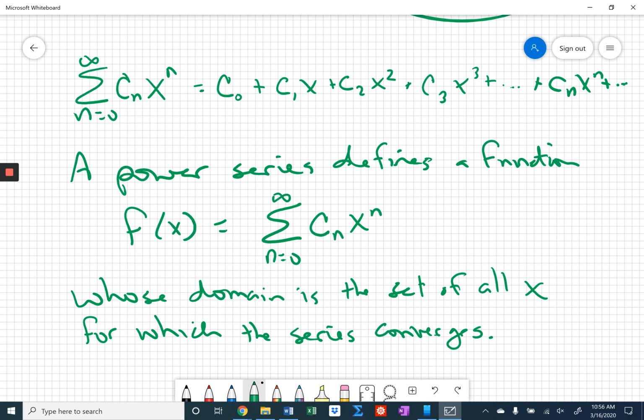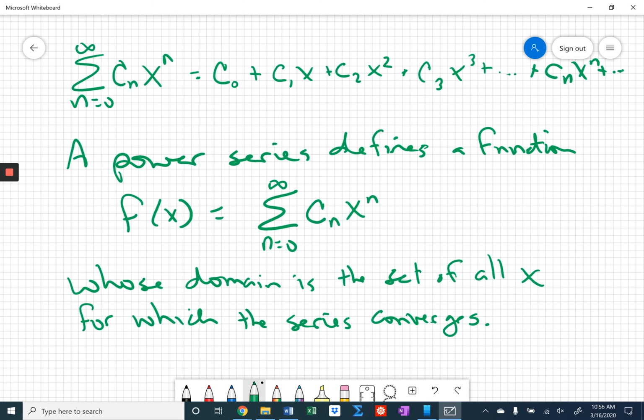And we're actually going to be reversing this. We're going to be asking the question later for a certain function, like the sine function, is there a power series that represents that function? And if so, how do we find that? So this is the bigger picture idea that we go on with as we go further.